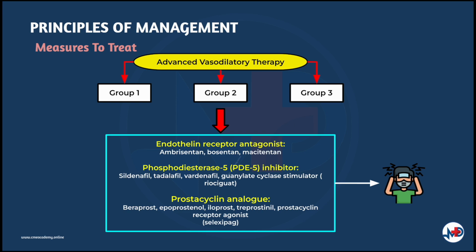The prostacyclin analogs such as beroprost, iloprost, and prostacyclin receptor agonists such as selexipag also results in vasodilation. These vasodilatory medications commonly cause headaches.